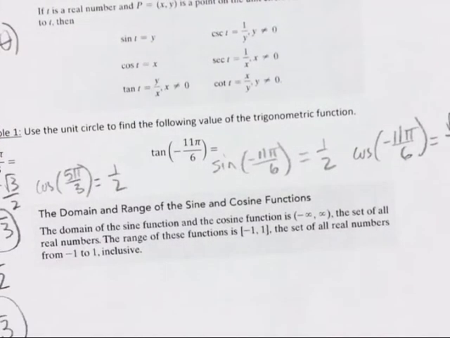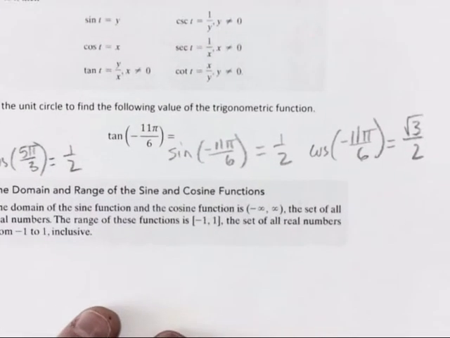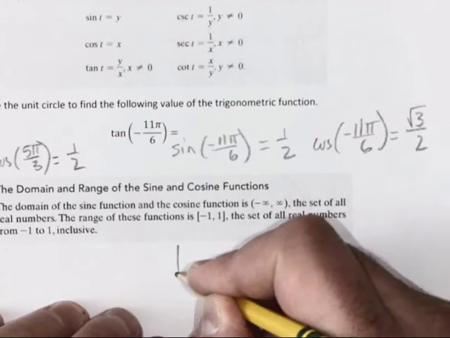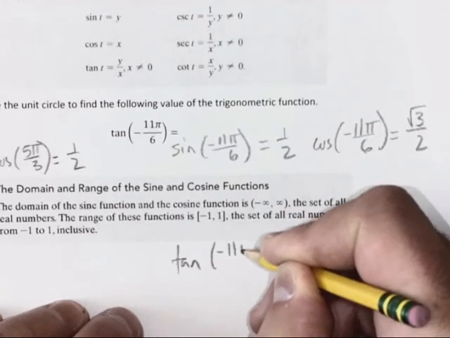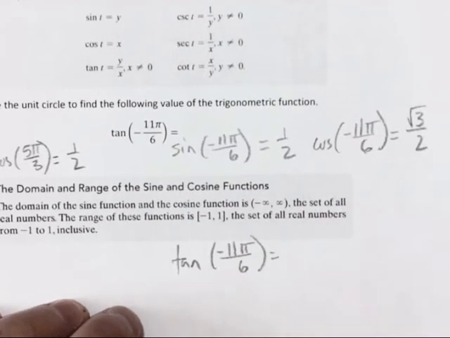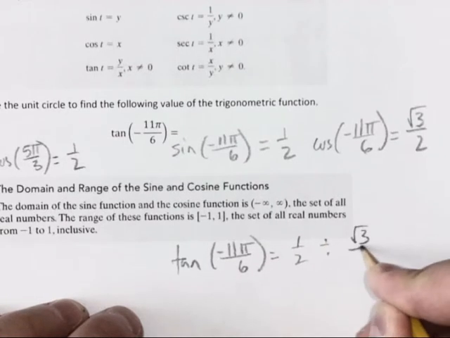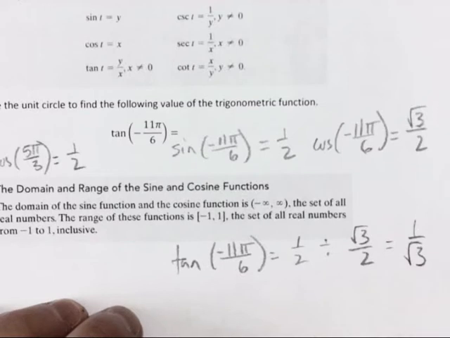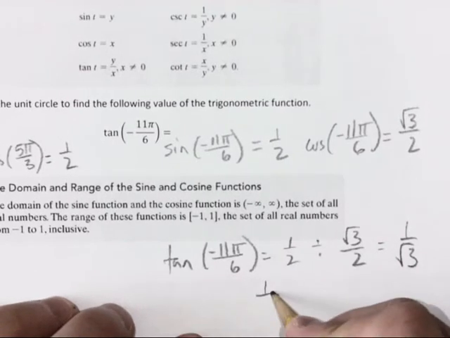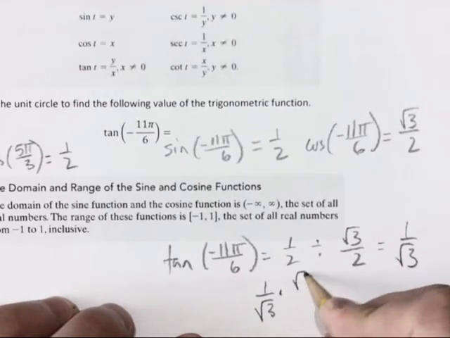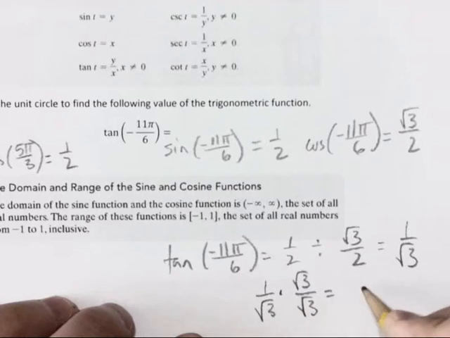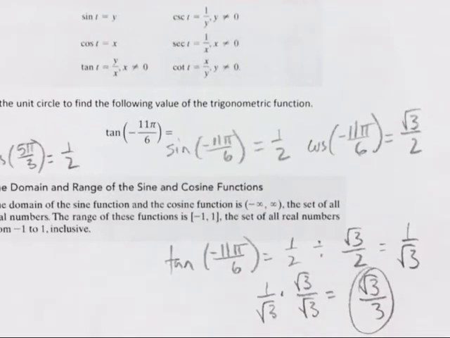So then if I do sine over cosine, I can solve for tangent, which is going to give me 1 over root 3. And so then if I rationalize that denominator, I get root 3 over 3, positive. Okay.